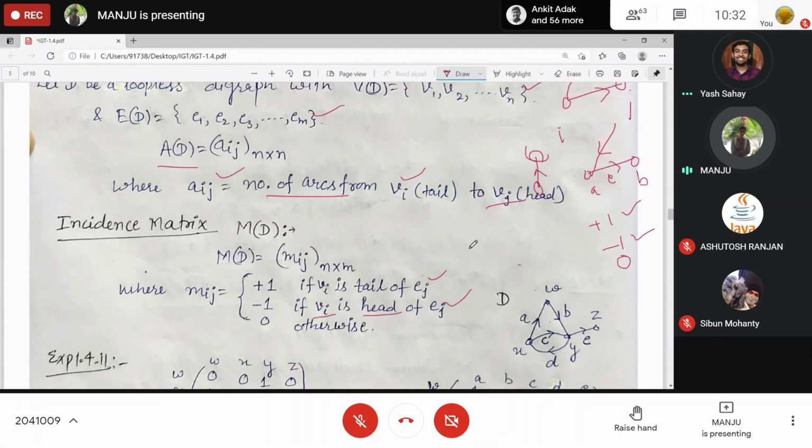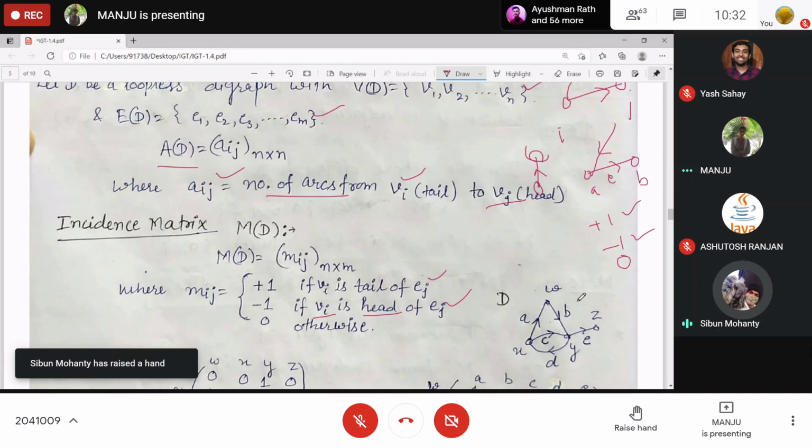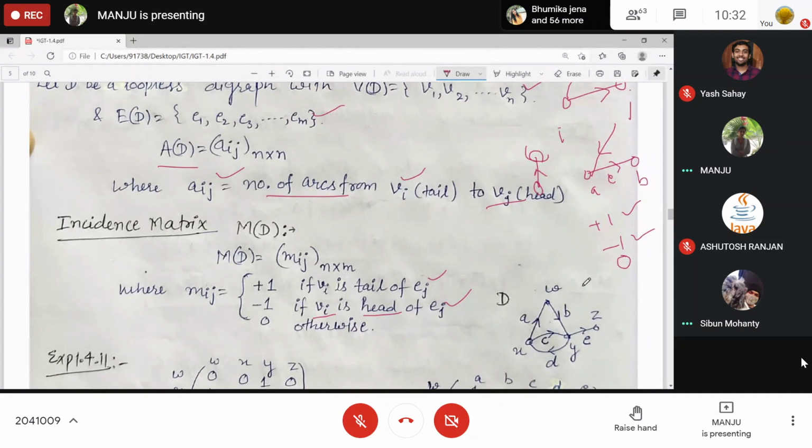Obviously, the diagonal entries will be 0, no loop, right? So we have W, X, Y, and Z. These are the vertices. A, B, C, D, E, these are the arcs. Ma'am, if there is -1 and +1 also, like in X and Y here? Then it equals 0?